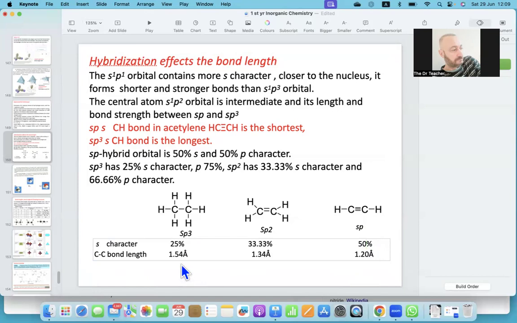And the bond length here is longer in ethane. Single bond is longer than the 1.34 in the double bond between carbon-carbon. Triple bond is shorter, 1.2 angstrom, and the strength is bigger. We always know the strength of the triple bond is bigger than the double bond, bigger than the single bond.